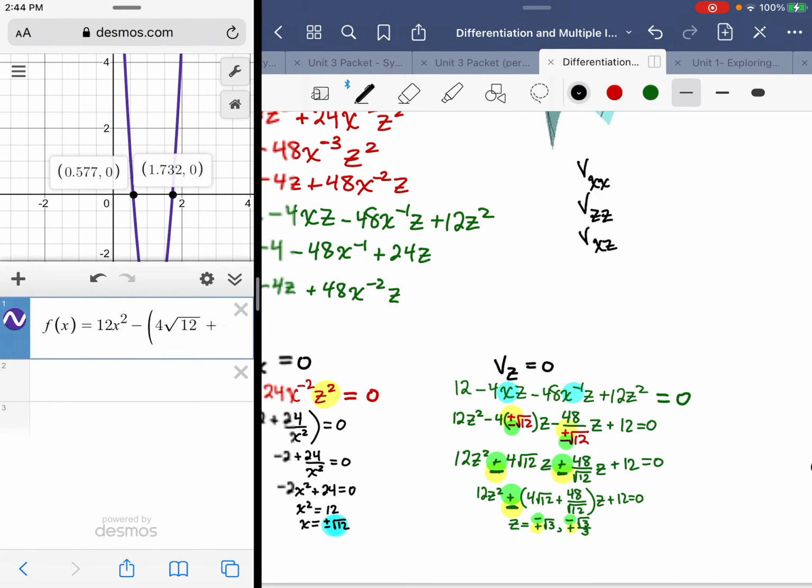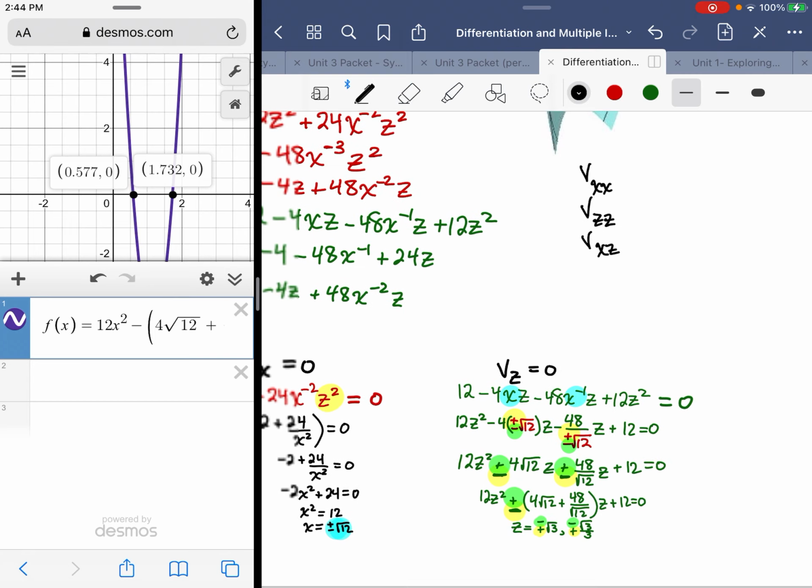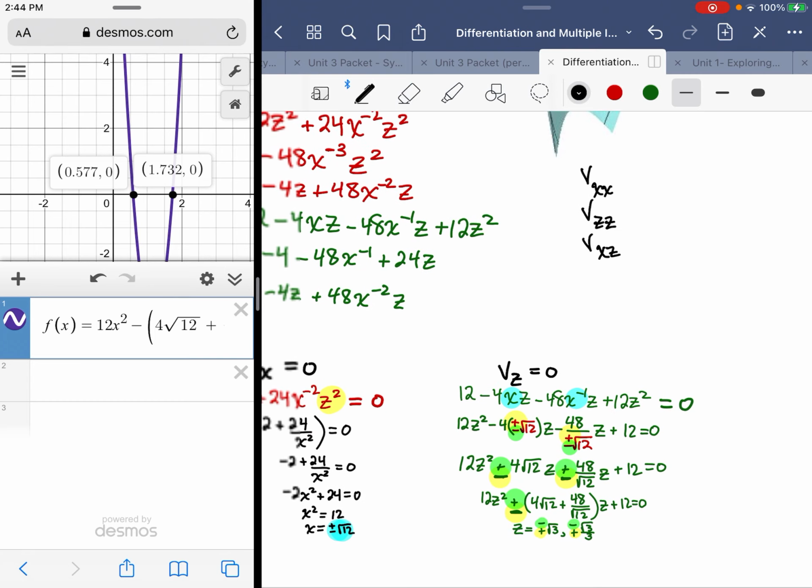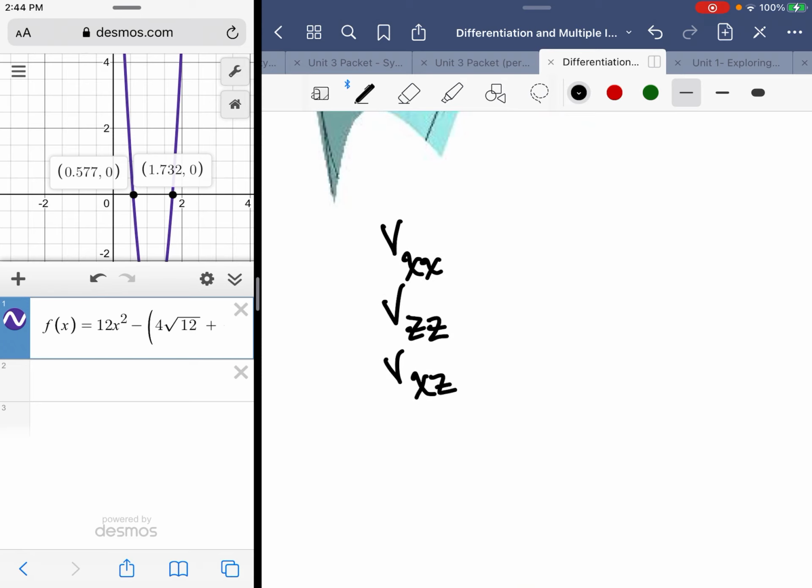And this is at, what was the ordered pair? Radical 12. Let's see, making sure the negative radical 12 was the irrelevant one, so we're only looking at the positive case. So radical 12, comma, radical 3.